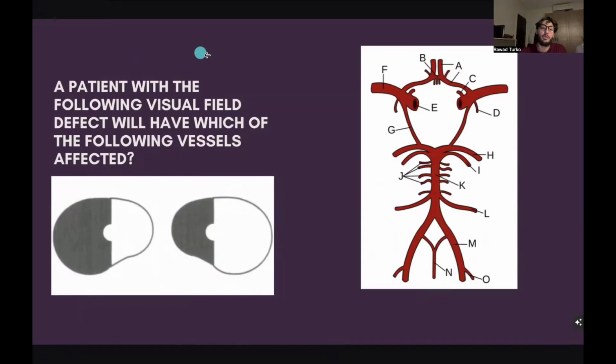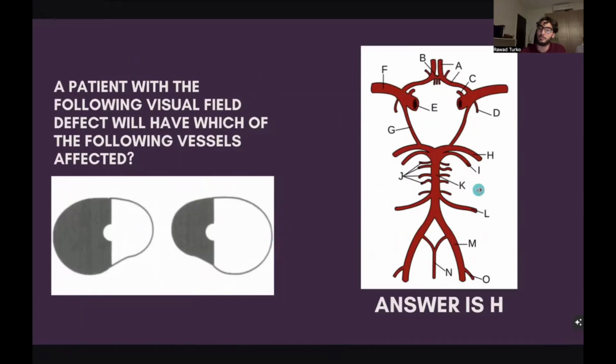A patient with the following visual field defect will have which of the following vessels affected? Again, we talked about the circle of Willis. So the answer would be H, or the posterior cerebral artery. Okay?